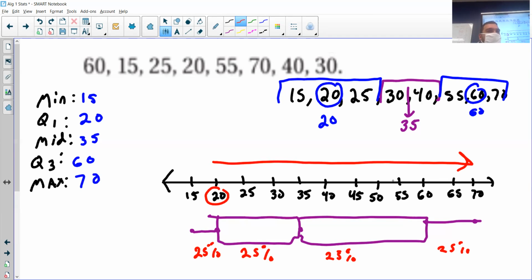That's a really basic thing. The question would be, what percentage is greater than 20? Each piece is 25%. You don't even have to remember anything special.